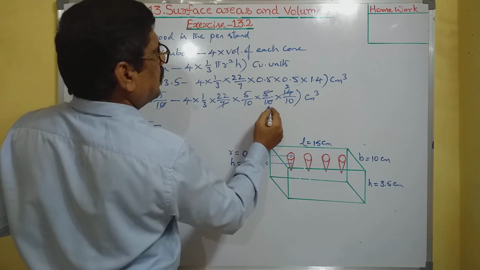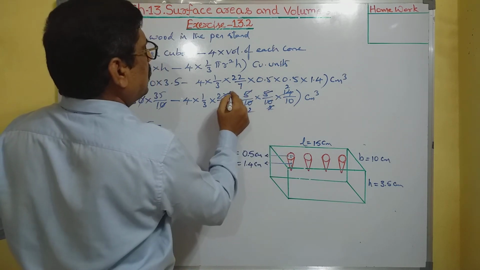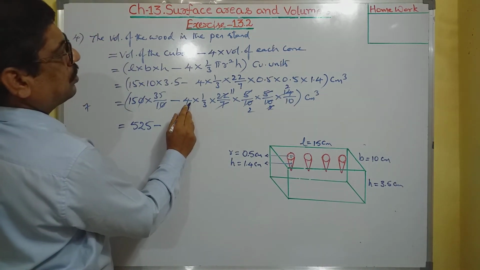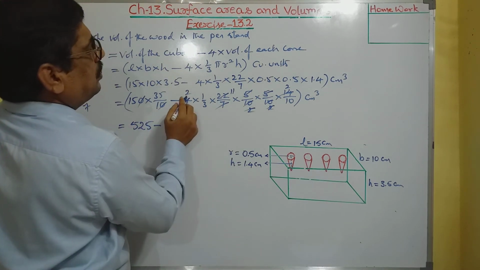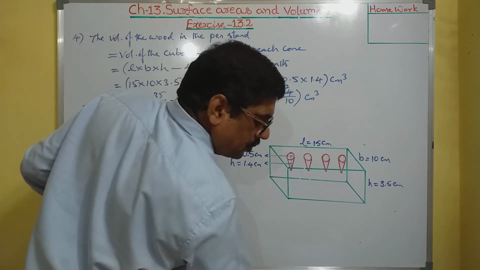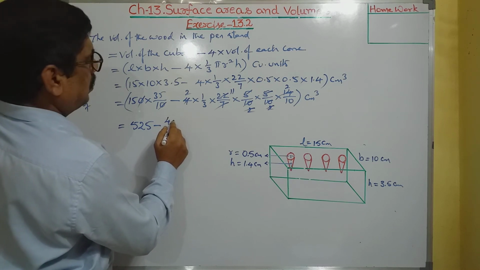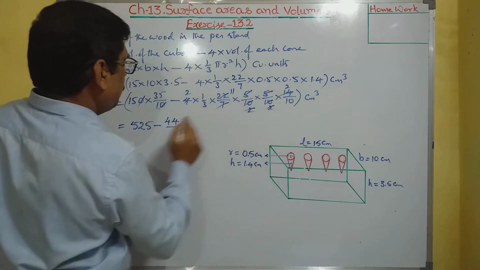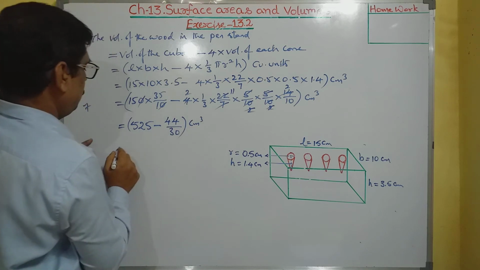Here 5 2s are 10, again 5 2s are 10, here 2 11s are 22, 22 into 2, 44, so we get 44 by, here denominator is 3 into 10, 30 centimeter cube.